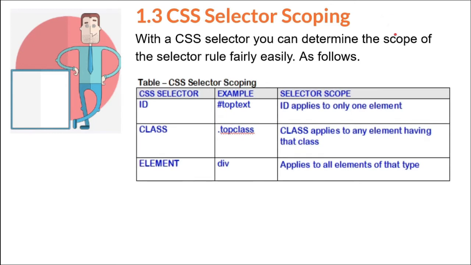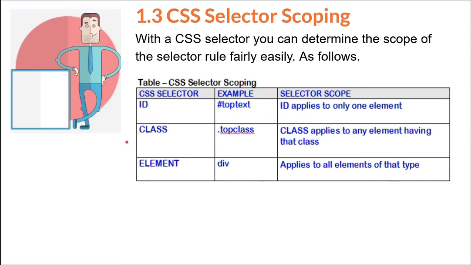Looking at the table, the ID CSS Selector, for example ID top text, by definition only applies to one element. The ID can only be used in one element in an HTML web page, so that is the smallest number of items you can apply to.